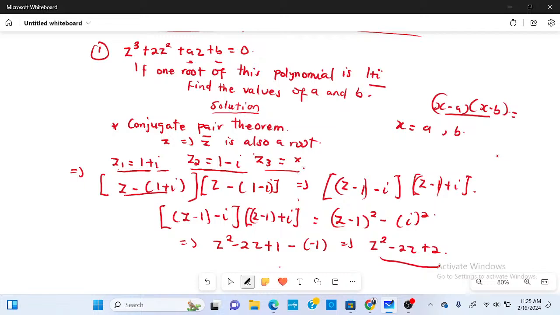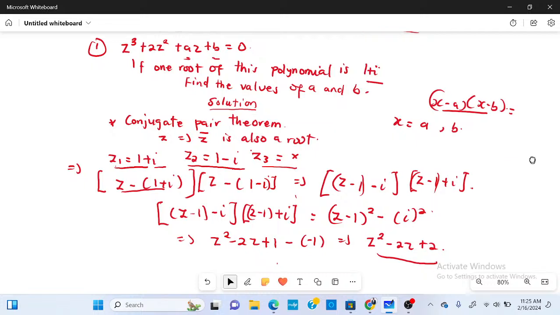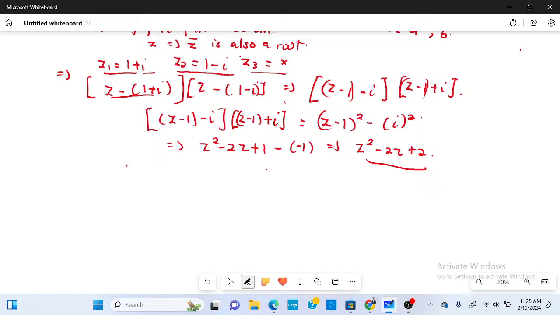So let's see how we do that. I'm going to have z squared minus 2z plus 2 multiplying the expression. I represented my last root to be z3 is equal to x, and this is just a root, so to find the factor it becomes z minus x, right?